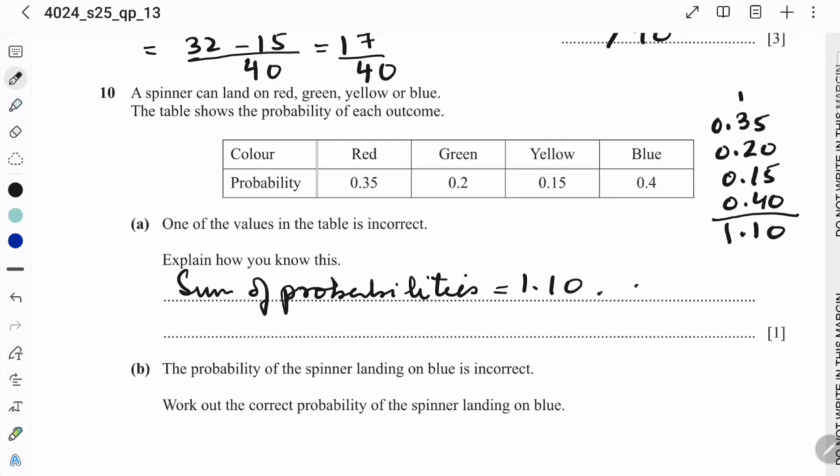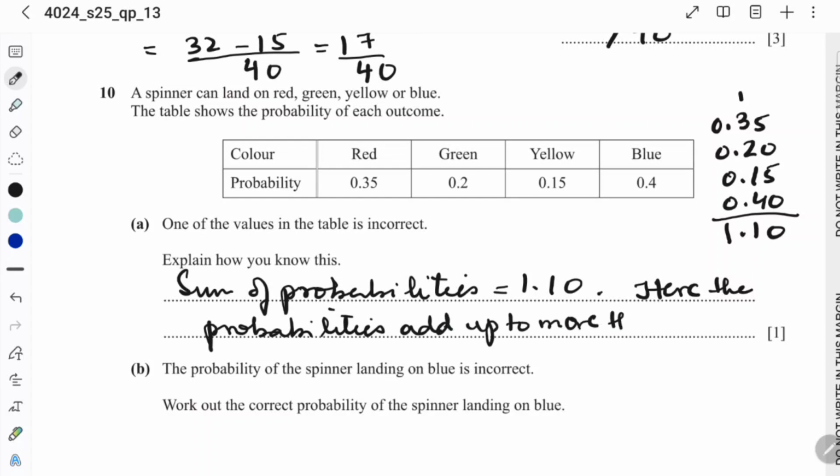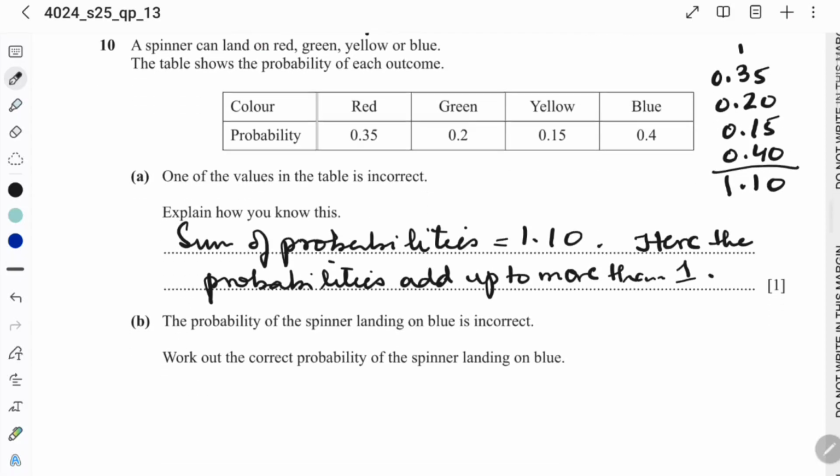So it can't add up to more than 1. So we just have to explain the probability here. The probabilities add up to more than 1, which is not possible. Also, just one more question.